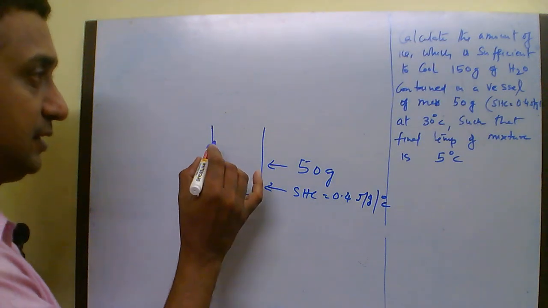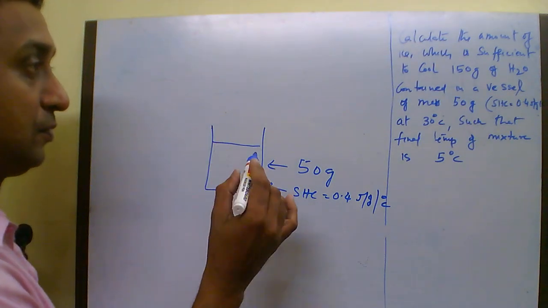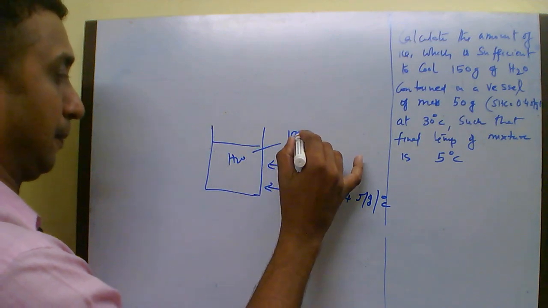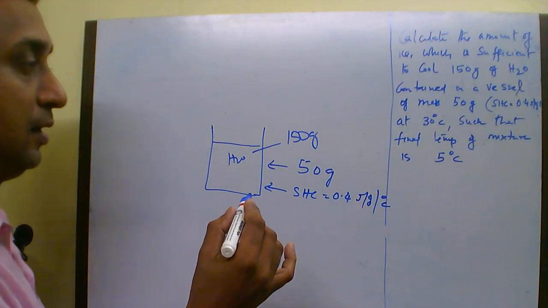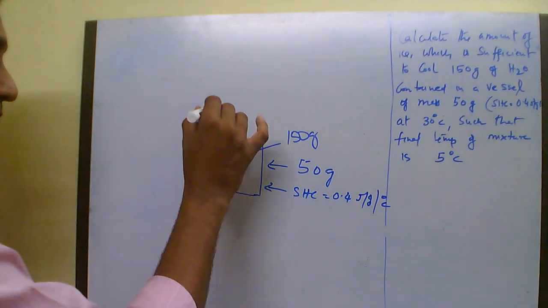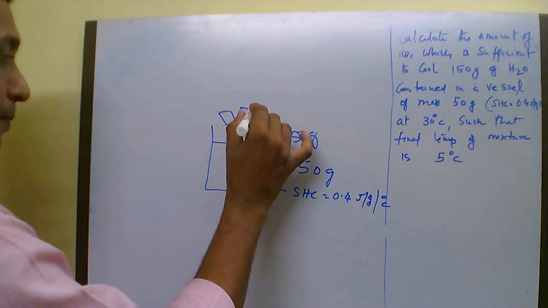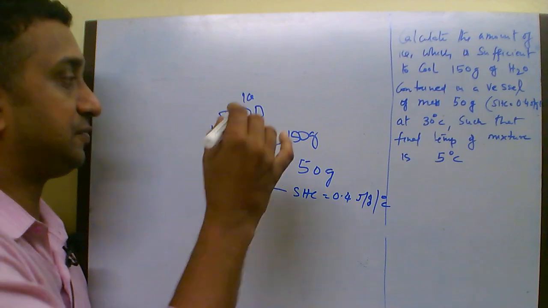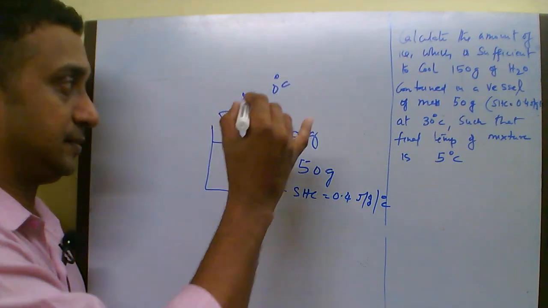Now inside this you have water which is 150 grams, and you are pouring some ice. Obviously if the temperature of the ice is not specified, you should take it as 0 degrees Celsius.